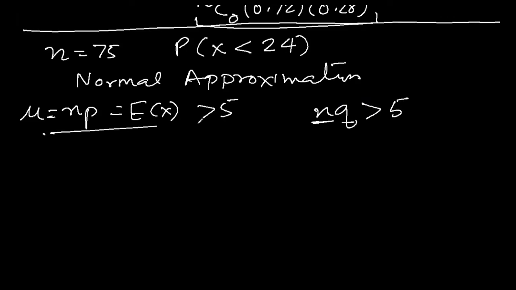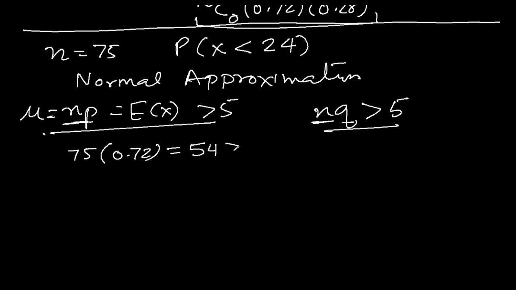So let's test these two first, and then we can do normal approximation. So 75 multiplied by 0.72 is NP, and that is 54, which is much more than 5. This is okay. Similarly, 75 multiplied by 0.28 is 21, also greater than 5. So we can carry out normal approximation for this situation.